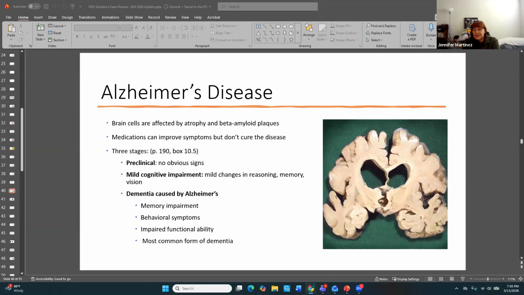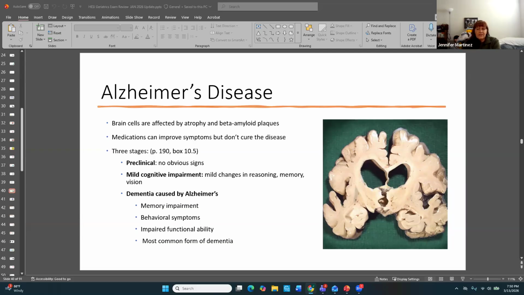There's 3 stages. So if you go to page 190, you'll see the 3 stages. It's box 10.5 in your book, sorry. The preclinical stage, they don't have any signs and symptoms.